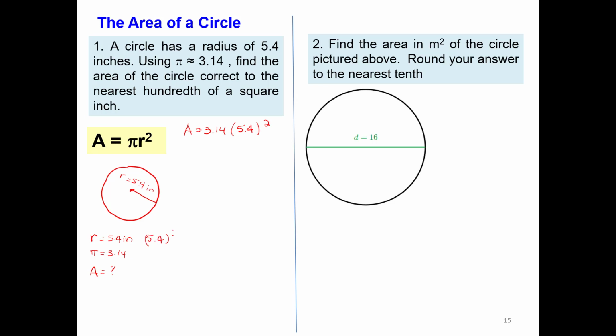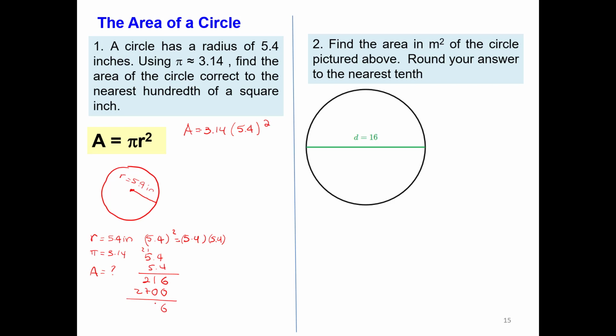5.4 squared is 5.4 times 5.4. If we multiply 5.4 times 5.4: 4 times 4 is 16. 4 times 5 is 20, 20 plus 1 is 21. 5 times 4 is 20, and we need to write a 0 here. 5 times 5 is 25 plus 2 is 27.